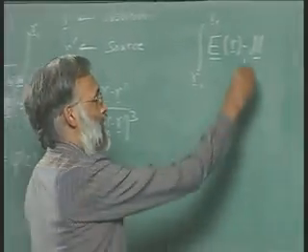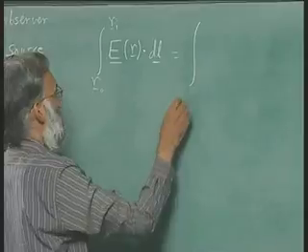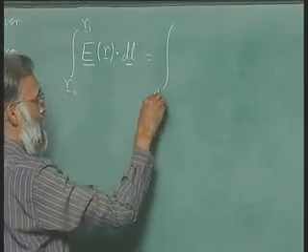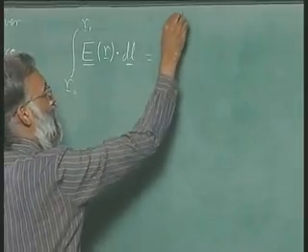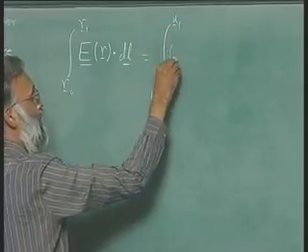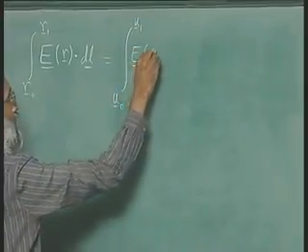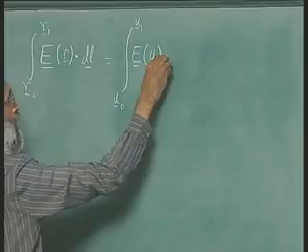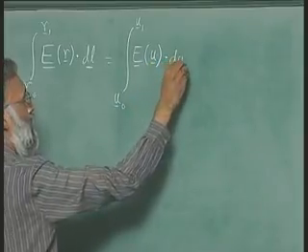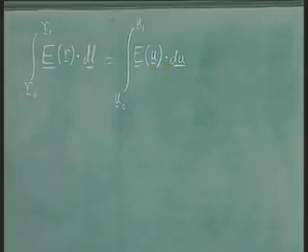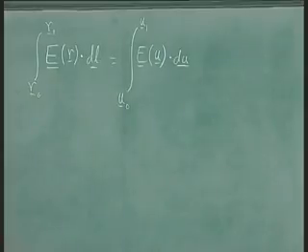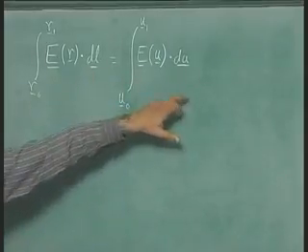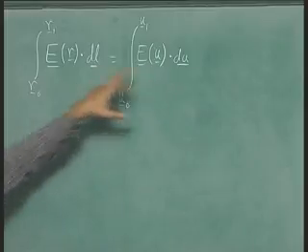So, when I do that, the integral becomes u naught to u1, the electric field as a function of u dot du. And I already know that du and dl are the same thing. So, that is why I am able to write this.